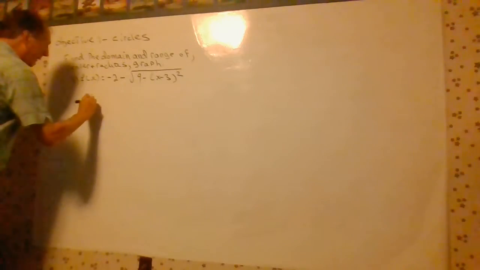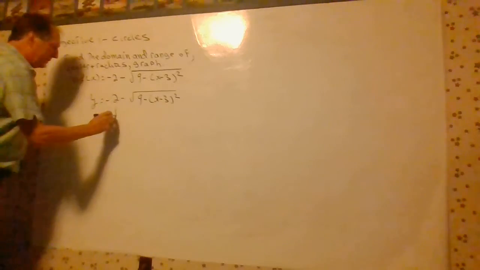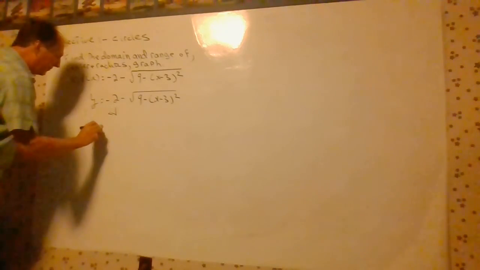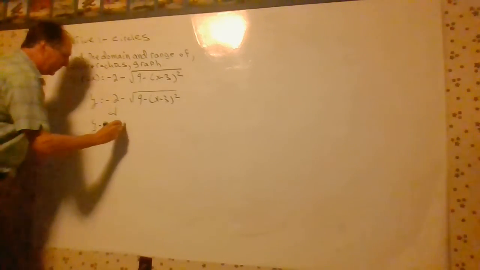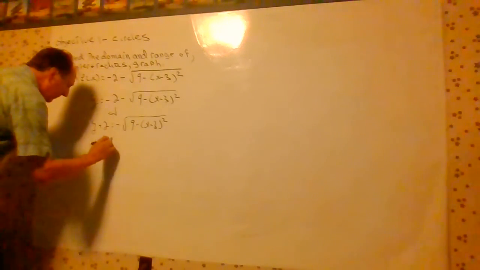We're going to let y equals negative 2 minus the square root of 9 minus x minus 3 squared. And move the 2 over here. We get y plus 2 equals negative square root of 9 minus x minus 3 squared. Then we want to square both sides. We want to get rid of the radicals, put the circle in standard form.